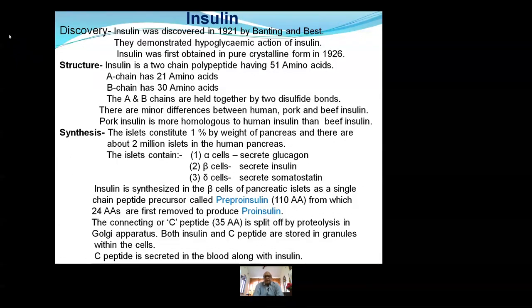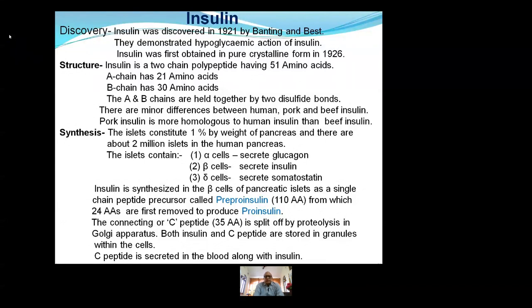preproinsulin, which contains 110 amino acids, from which 24 amino acids are first removed to produce proinsulin. The connecting or C peptide, 35 amino acids, is split off by proteolysis in the Golgi apparatus.